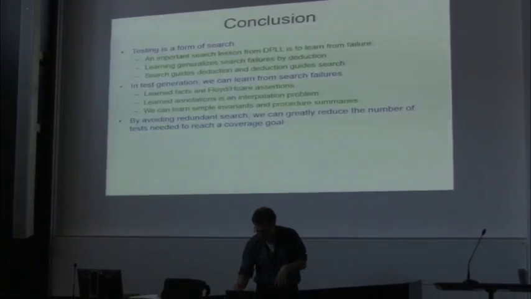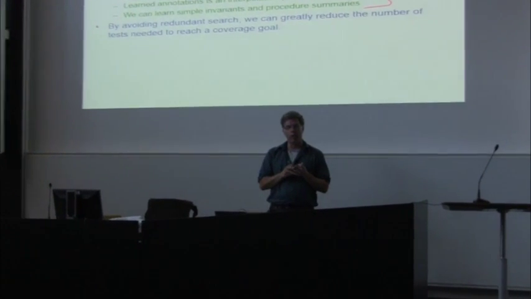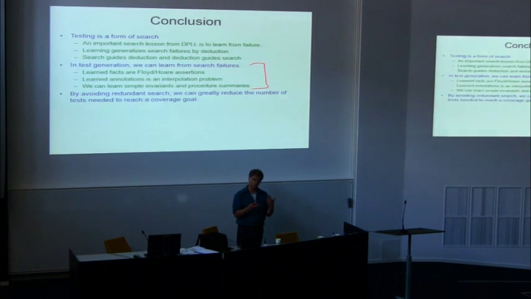So the idea that Ken has been exploring, and I think is interesting, there's still research left in that area, is to learn these annotations during dynamic symbolic execution, and then use those with some form of generalization to try to actually find a program proof. And that's been the goal of a lot of the work that Shyam and I did originally on the SLAM model checker and other examples.